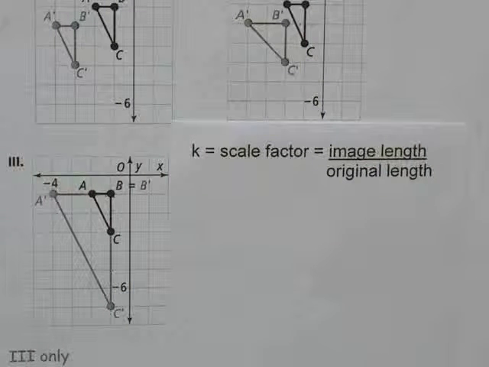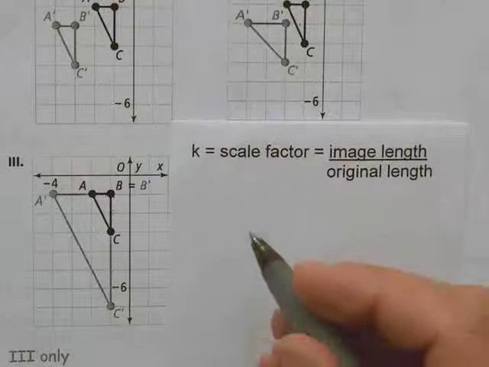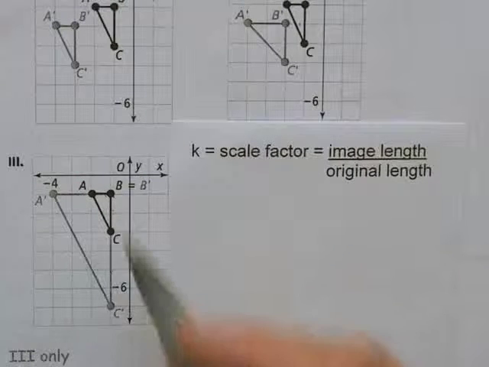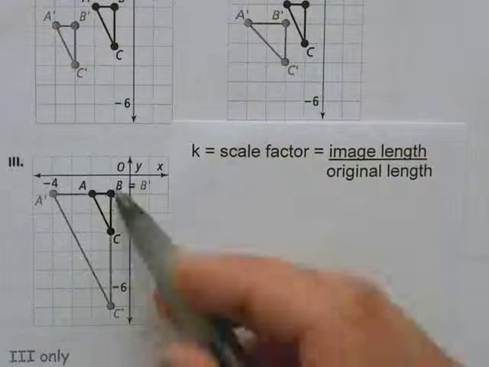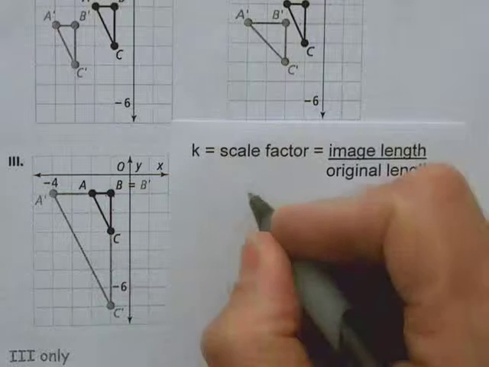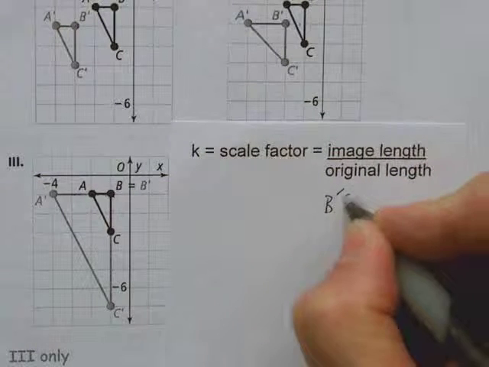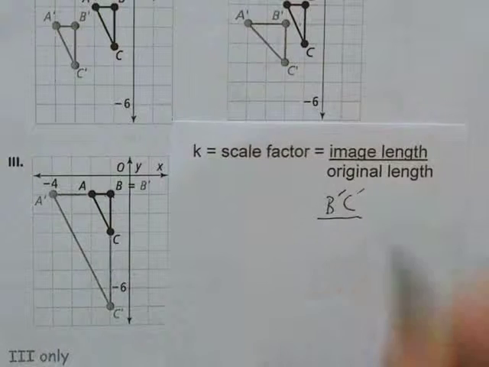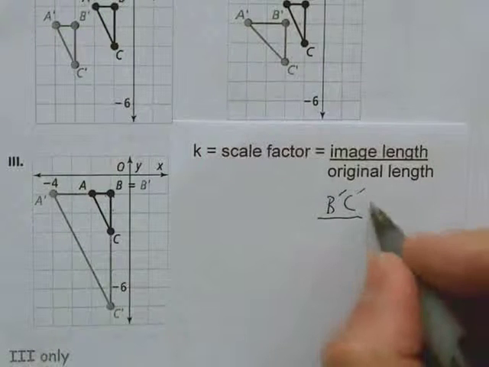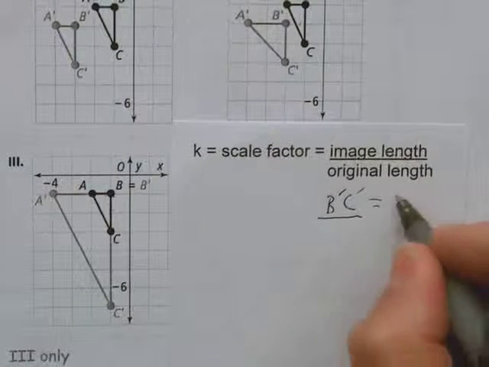So I'm going to do that by taking one of these sides. I'm going to take side BC, this side. I'm actually going to start with B prime, C prime, which is my image length. And I'm going to see what that is, and that equals B prime, C prime equals 6.